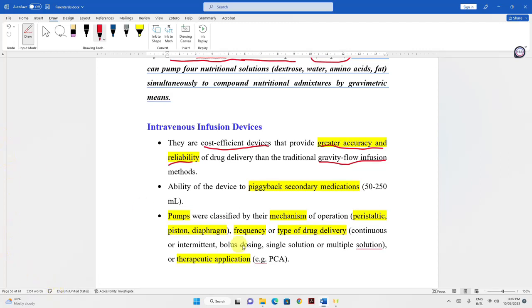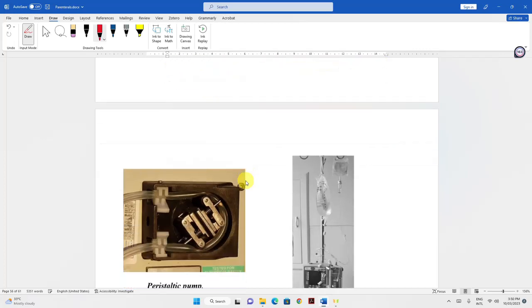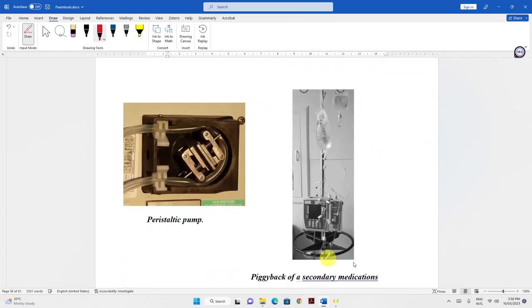One of their characteristics is that these devices can allow piggyback secondary medication. Usually the piggyback secondary medication has a volume ranging from 50 to 250 ml.